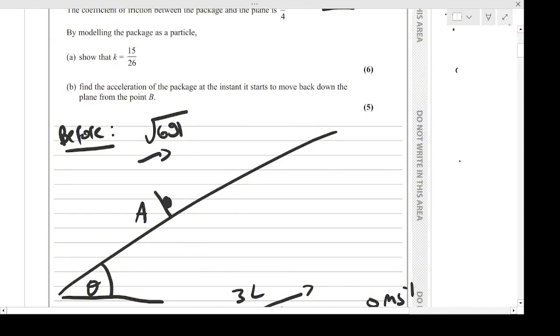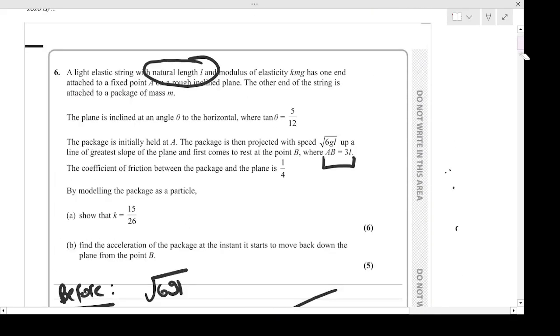Now you might think it's going to be a compression, right? If the natural length is L, you might be tempted to think the compression is all the way, so it's going to be L for the compression, but I'm told it's a string. Now the key thing you need to know with strings compared to springs is that strings cannot be compressed.